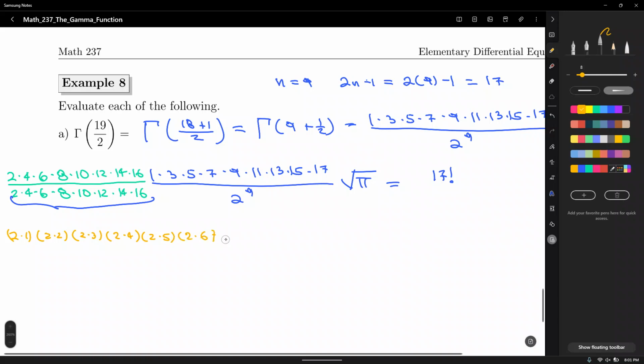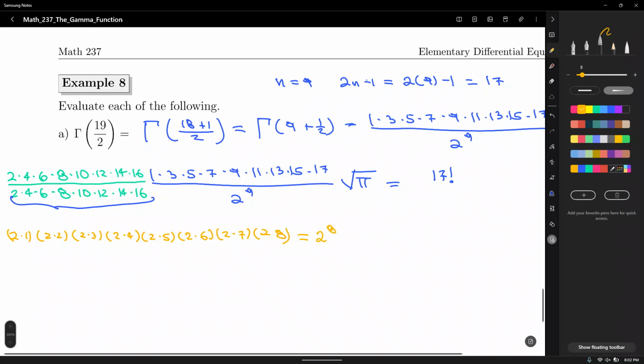2 times 7, 2 times 8. Well, how many factors of 2 do we have here? 1, 2, 3, 4, 5, 6, 7, 8. So this is the same as saying 2 to the 8, right?